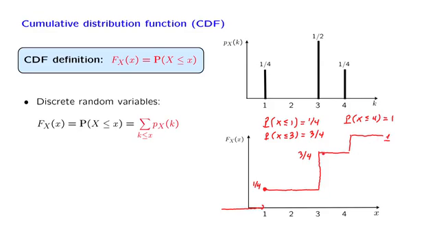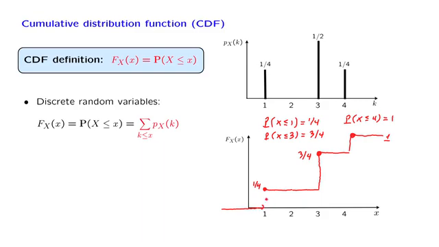Again, at the places where the CDF makes a jump, which one of the two is the correct value? The correct value is this one, and this is because the CDF is defined by using a less than or equal sign in the probability involved here.